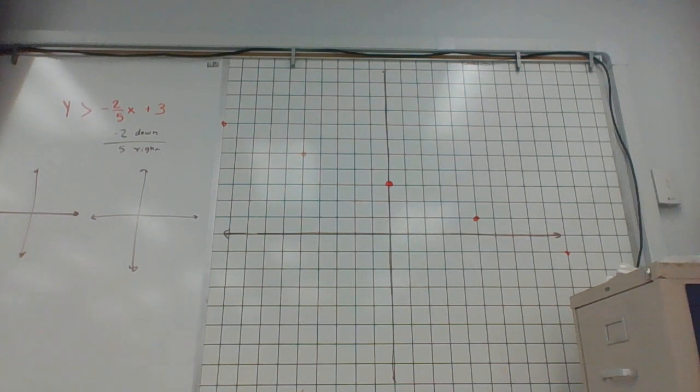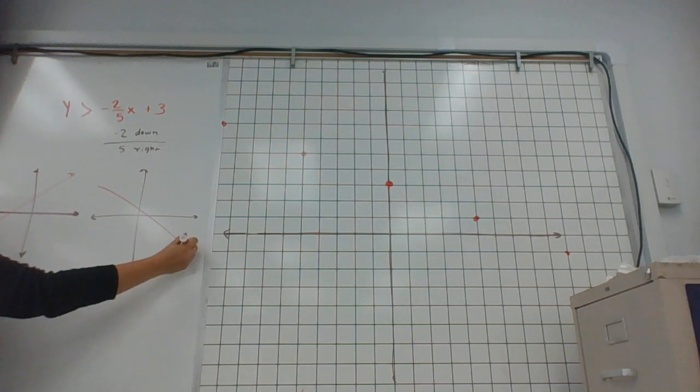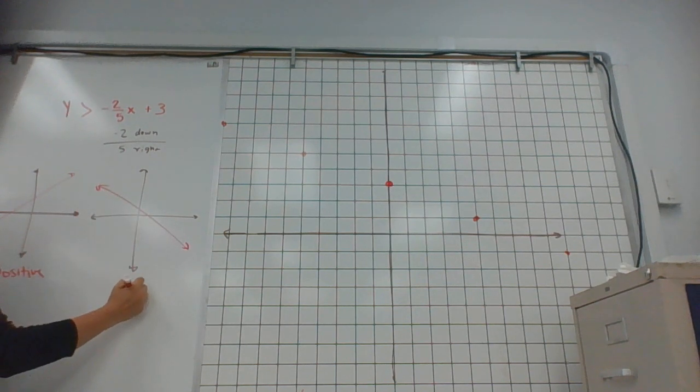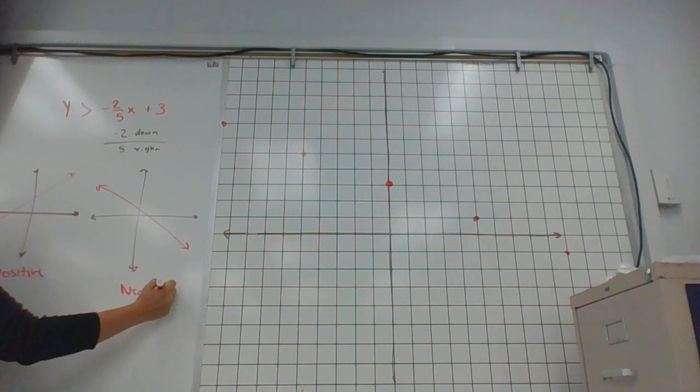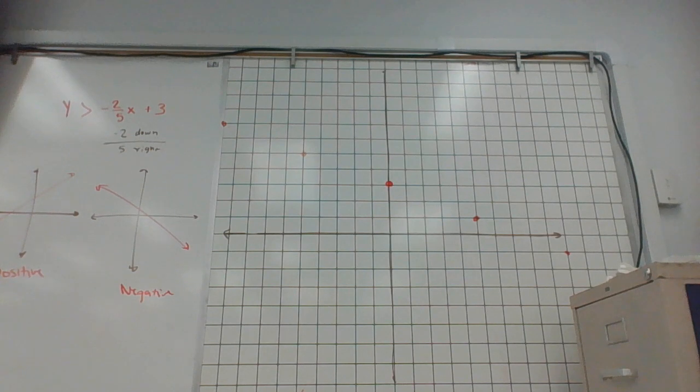One thing I wanted to review is that anything that goes uphill from left to right is a positive slope, and anything that goes downhill from left to right is a negative slope. Y'all remember that? Alright, continue.